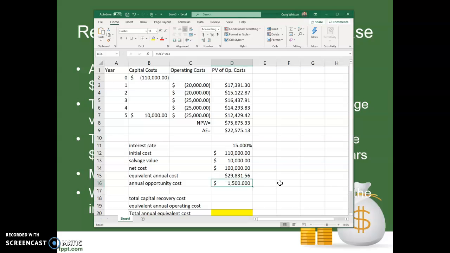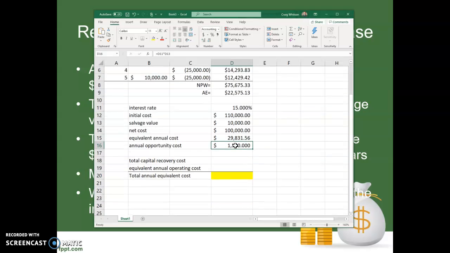We could have earned $1,500 at any point in time in this project, but we didn't. We decided to keep the project going, and so there is what we call an opportunity cost associated with that.